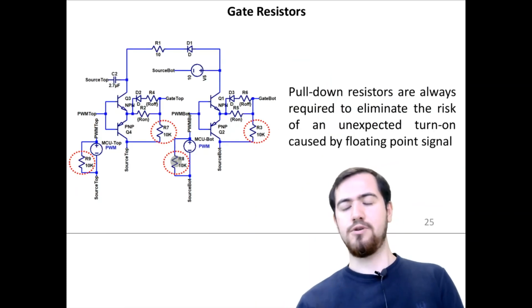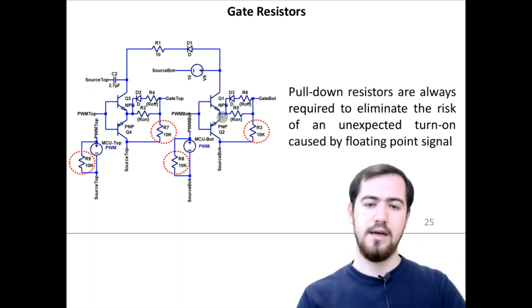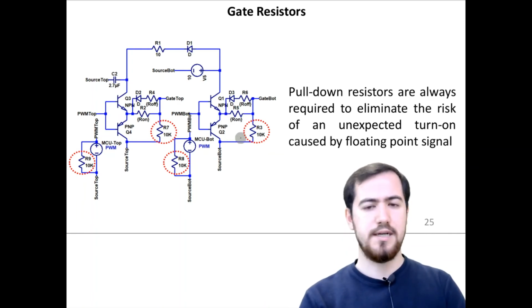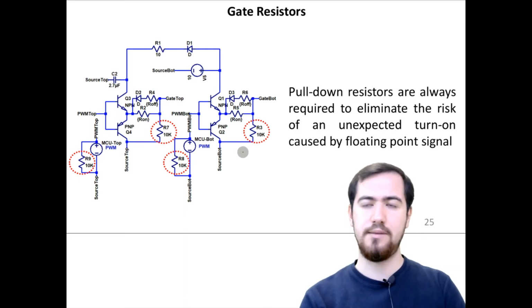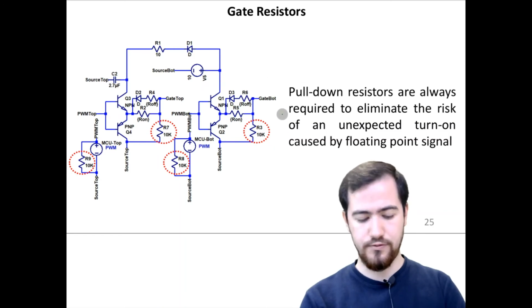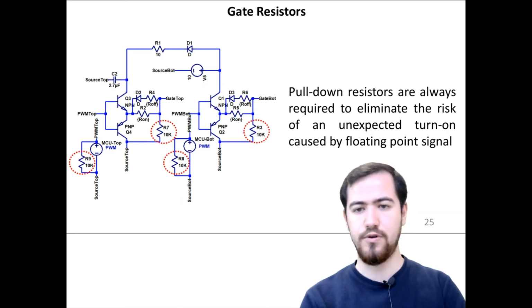Another important concept mostly ignored by new designers is the pull-down resistors, which are not working in our gate driver circuit in an active way. However, they are required to eliminate any risk of simultaneous turn on of our high side and low side switches.